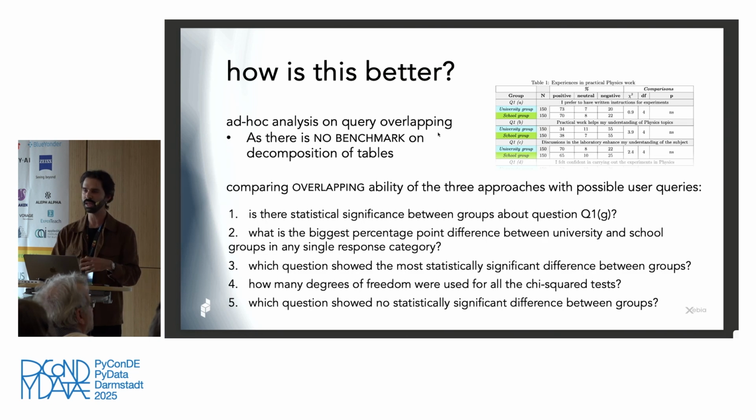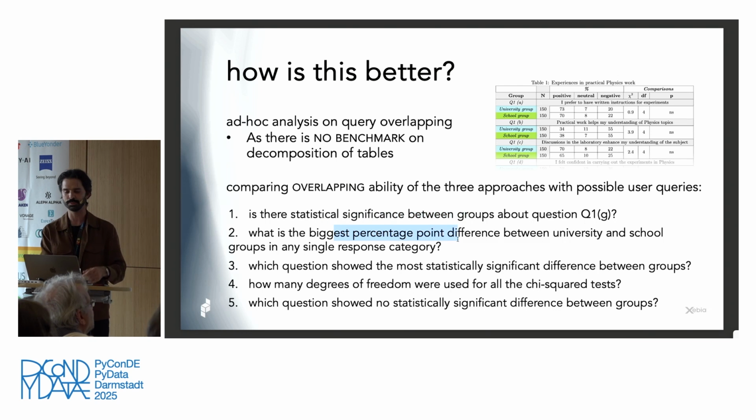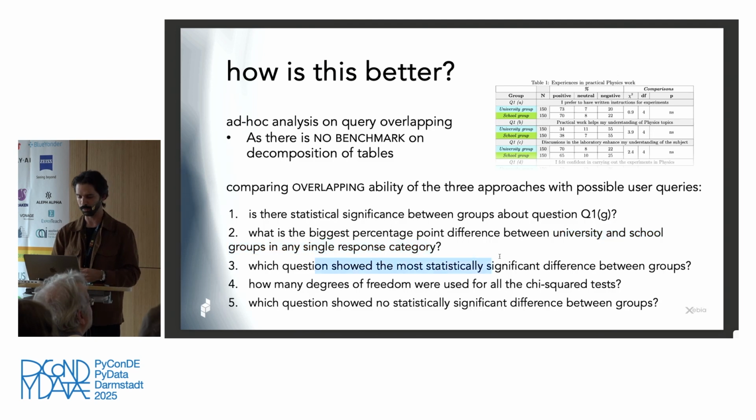Someone minimally interested in the contents of a table like this should ask questions like: is there some statistical significance between whatever group? What is the biggest percentage point difference between those 2 groups in some category? Which questions show the most statistically significant difference? Blah, blah, blah. So sounds pretty much down to earth if you're into statistics and if you want to extract something out of this very table, right?